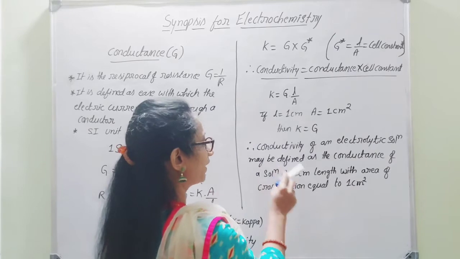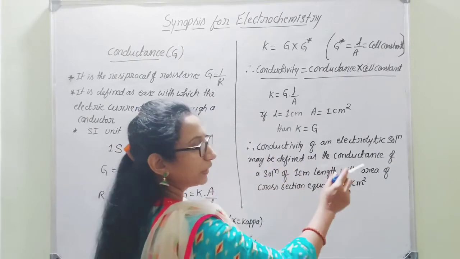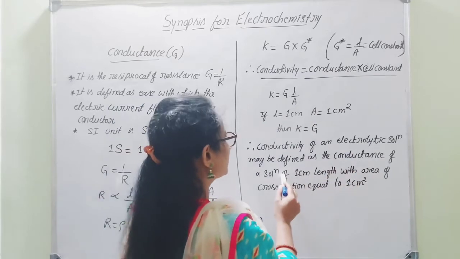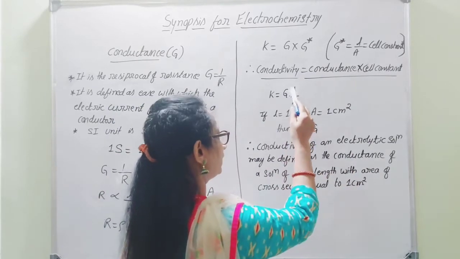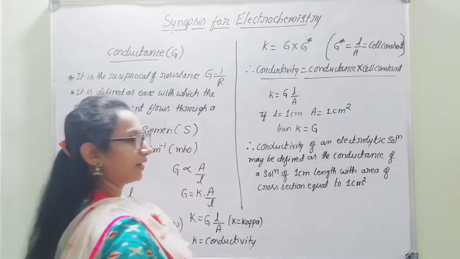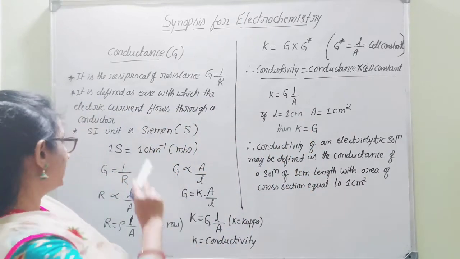Got it? Therefore, conductivity of an electrolytic solution may be defined as the conductance of a solution of 1 centimeter length and area of cross section equal to 1 centimeter square. Got it? That is regarding conductance.